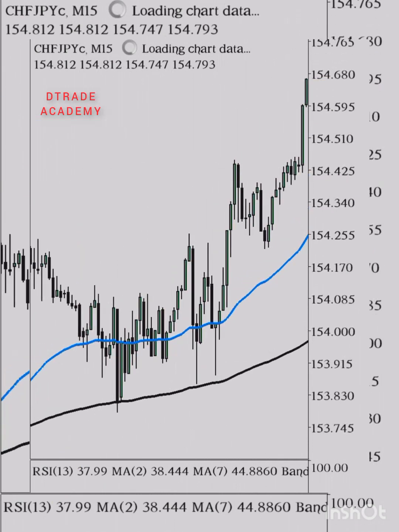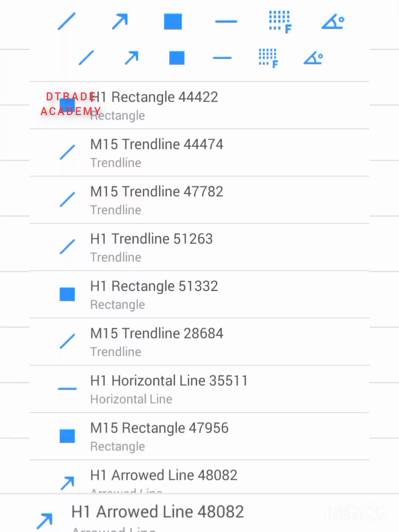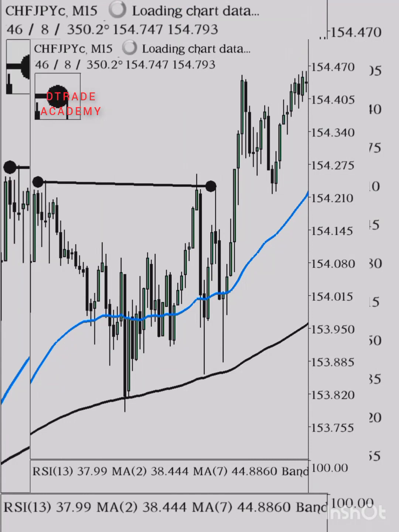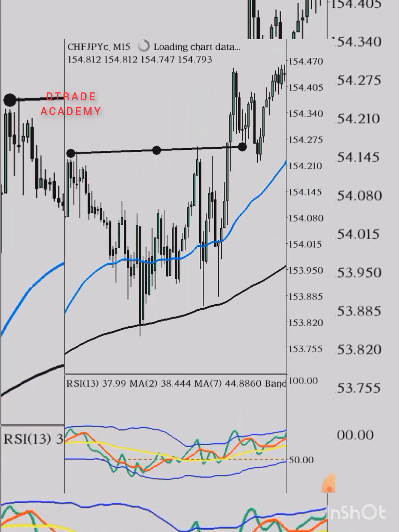So take for instance, we can see this area. You can see how market broke this high. See, it broke the high with these particular candles, and the trend direction is up.